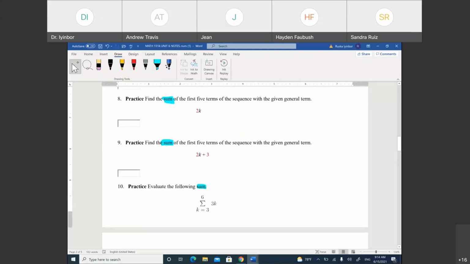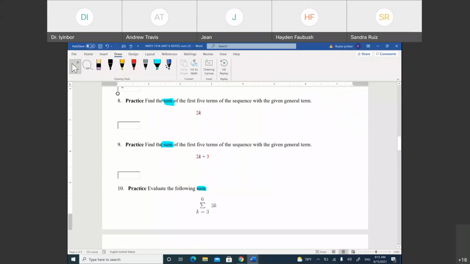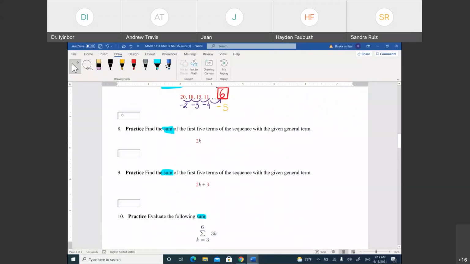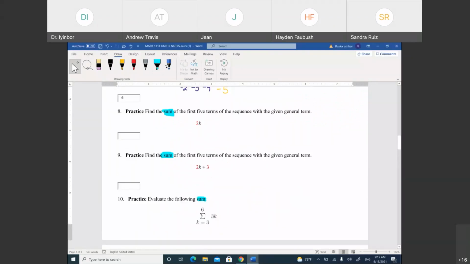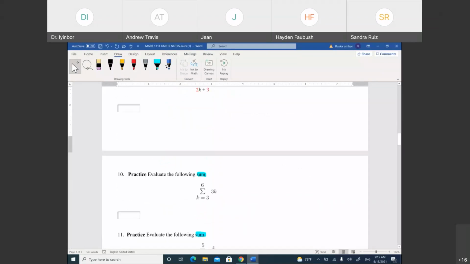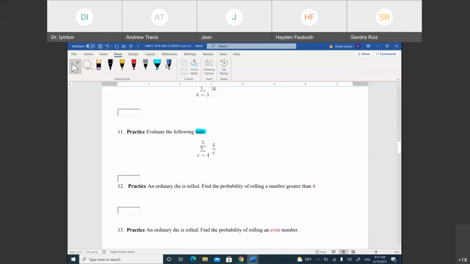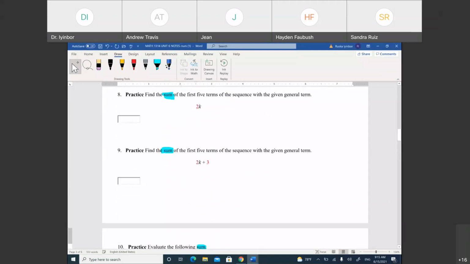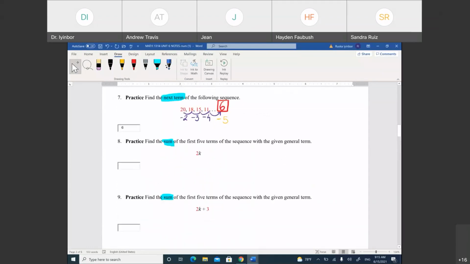I'm going to show you. Usually I make a little table, which helps me. I'm going to put a little more room here. There you go. That way you have more room for the table. So this is how you find the sum. It says find the sum of the first 5 terms.